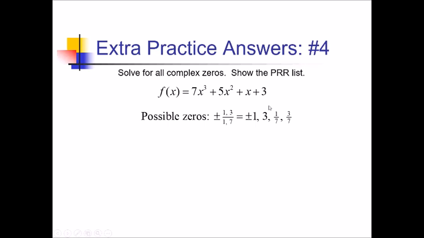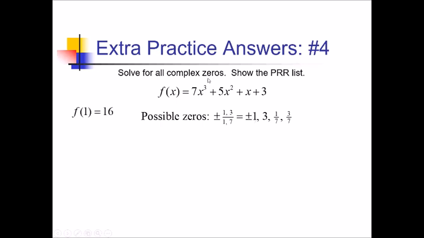So plugging some things in here, we'll start with 1. Now I could use the calculator on this, but this looks pretty straightforward just to plug in 1 and possibly negative 1. So let me just do this in my head here. Plugging 1 into this stuff, that's going to be 7 plus 5, which is 12, plus another 1 is 13, plus another 3 is going to be 16. So that's not 0.